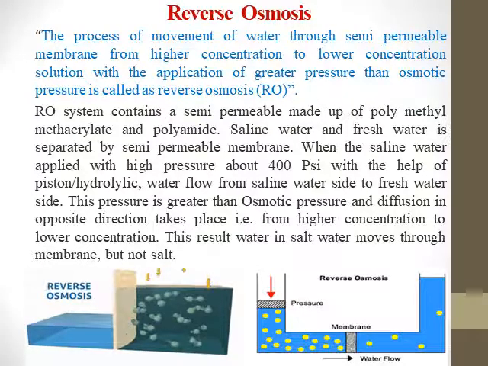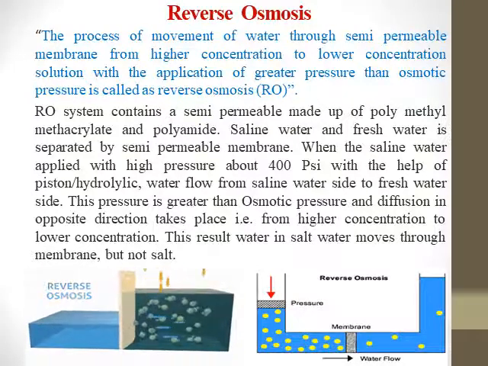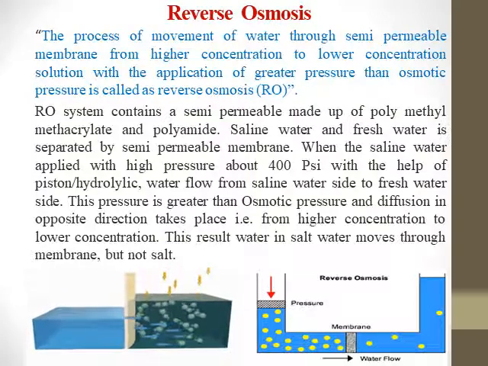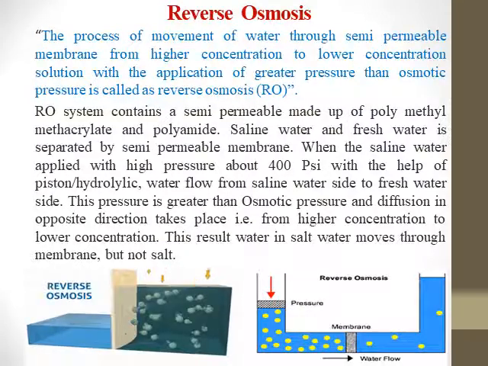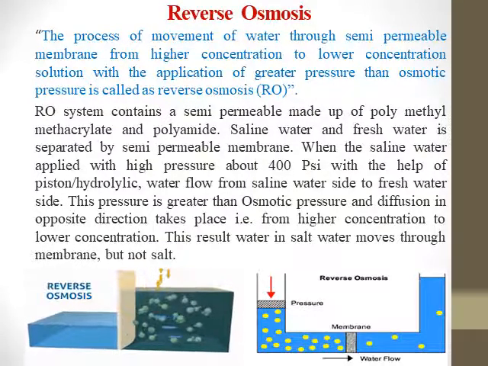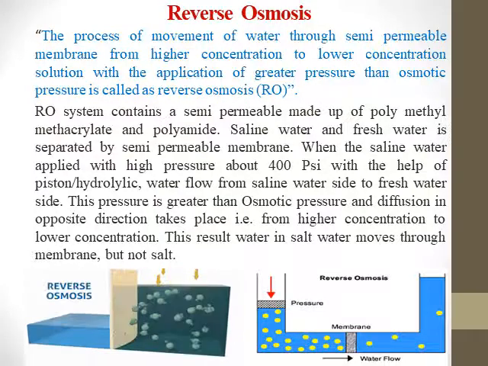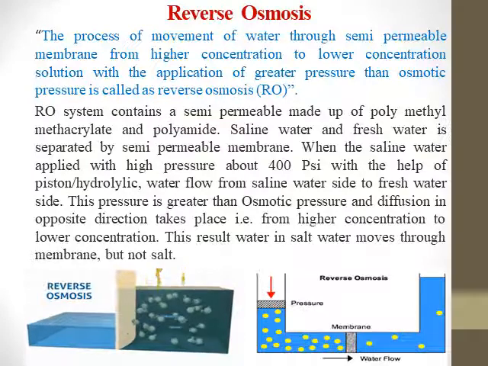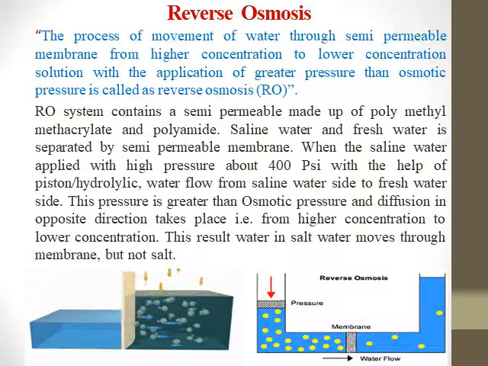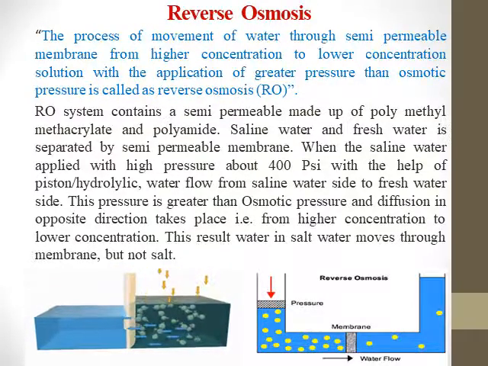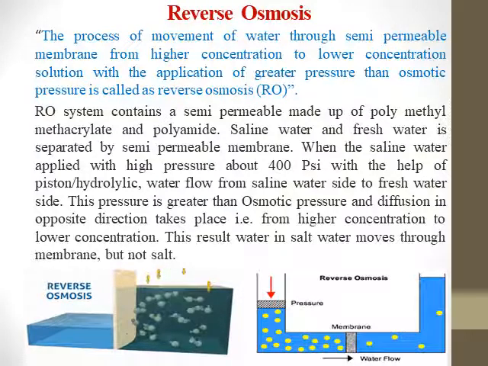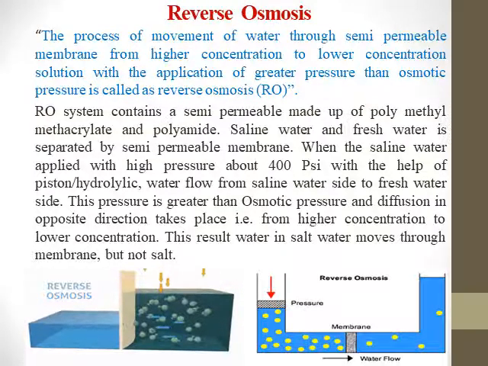The saline water is applied with a greater hydrostatic pressure, about 400 psi, with the help of a piston on the salt water side, so that the water present in the salt water is forced to move across the semi-permeable membrane.